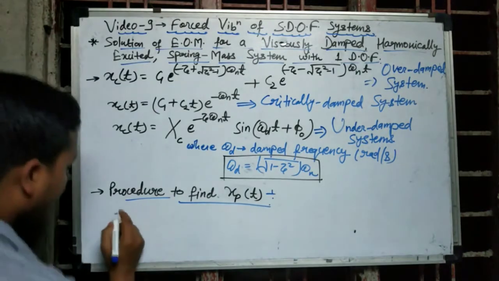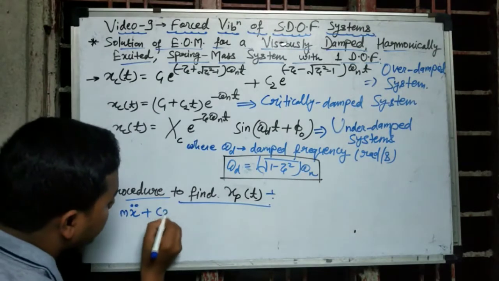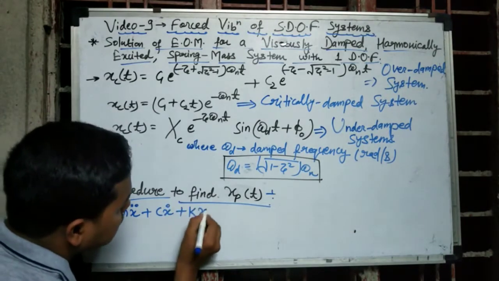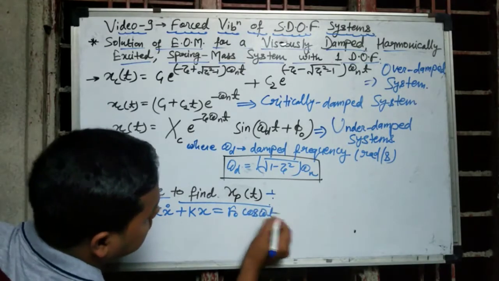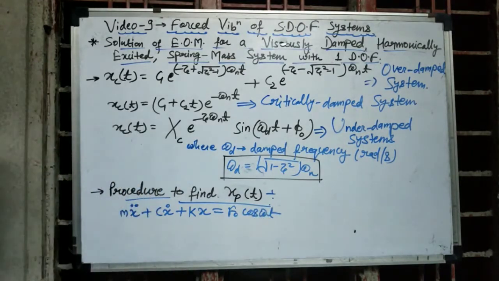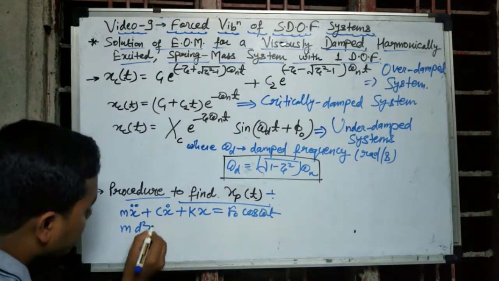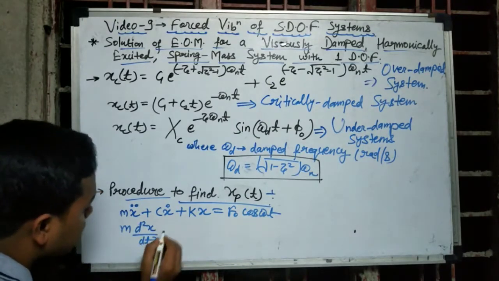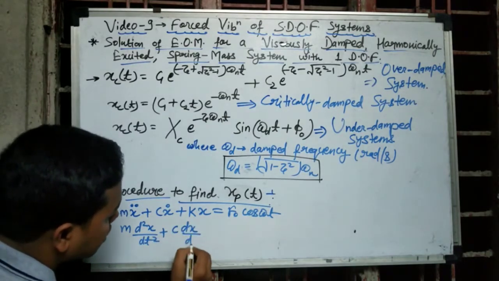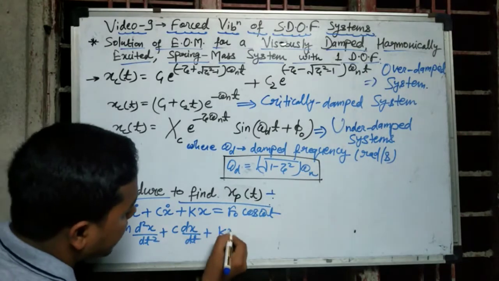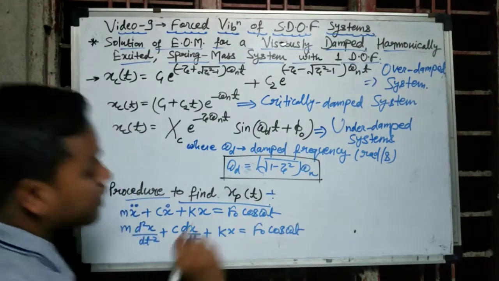So what is the procedure? I should write the complete differential equation. So I'll write m x double dot plus c x dot plus k x equals F naught cos omega t. Right? Now what I can do, this is equal to m d square x by dt square plus c dx by dt plus k x equals F naught cos omega t.